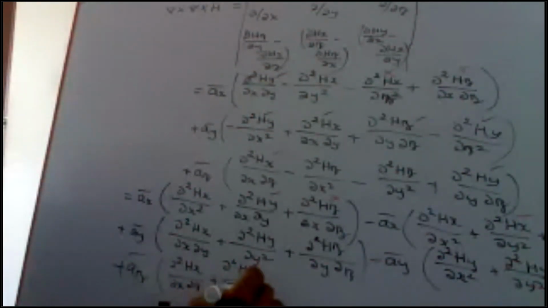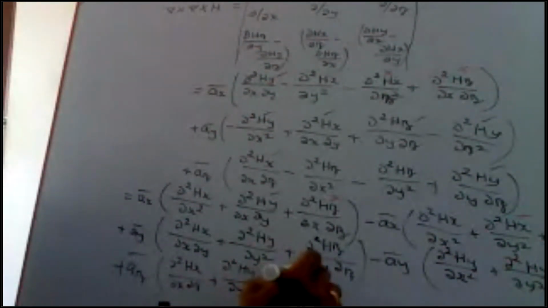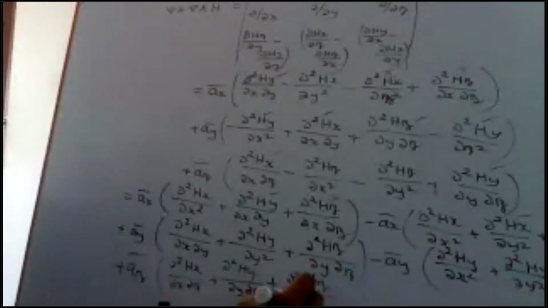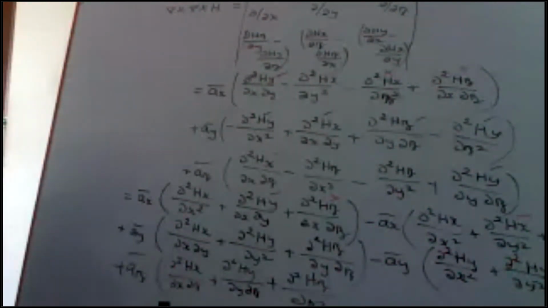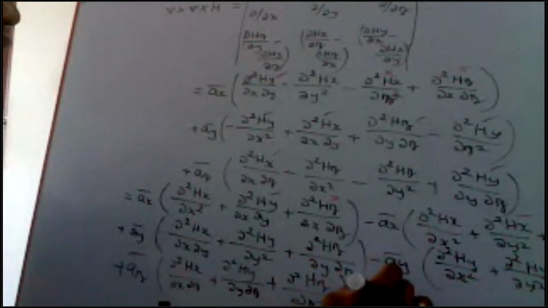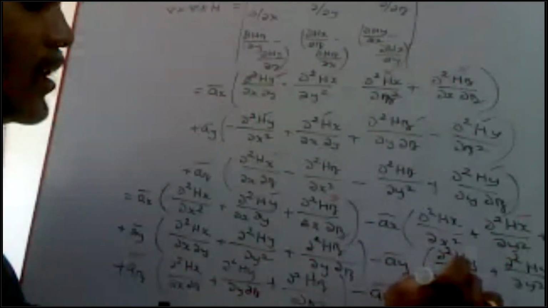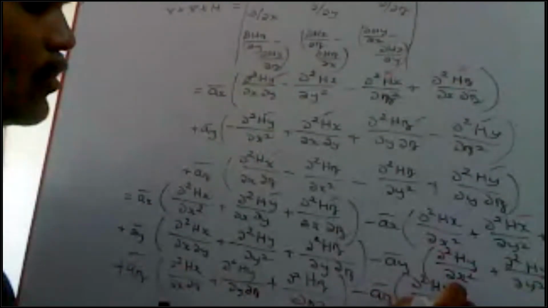Plus dou square hy, now I have written this term, and I write this term by dou y dou z. I am going to add now dou square hz by dou z square, that I am adding minus az vector. A similar term will come: dou square hz by dou x square, dou square hz by dou y square.